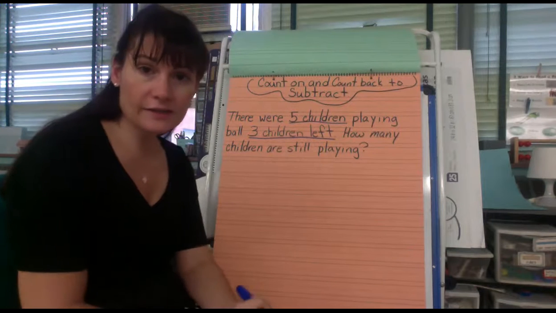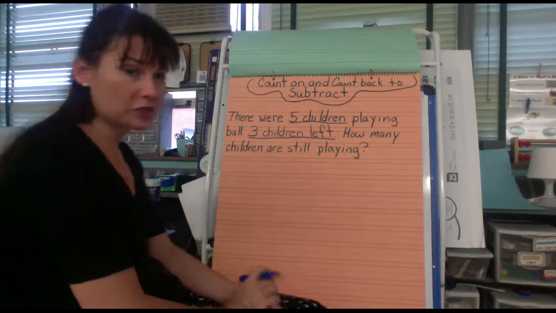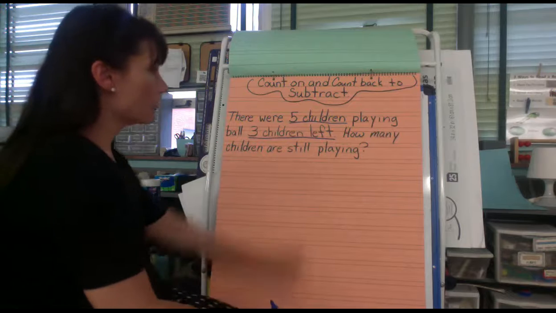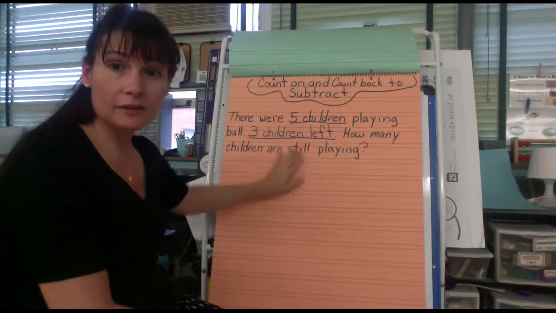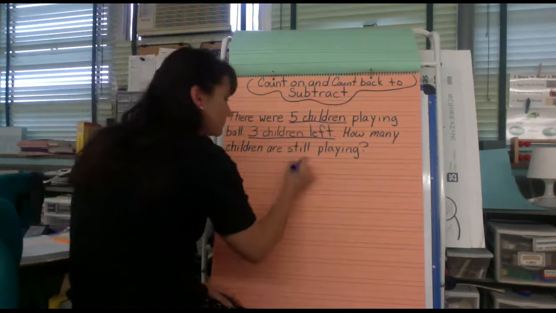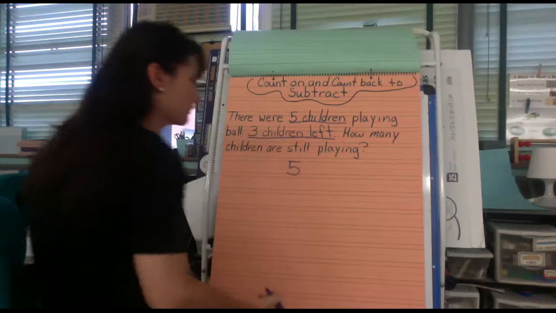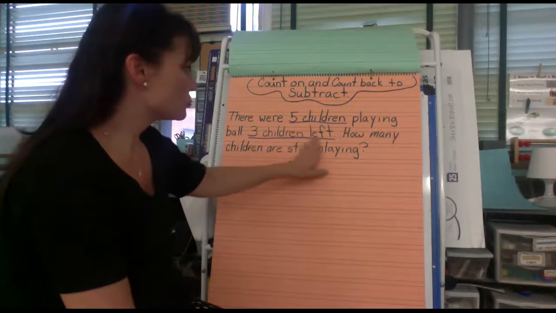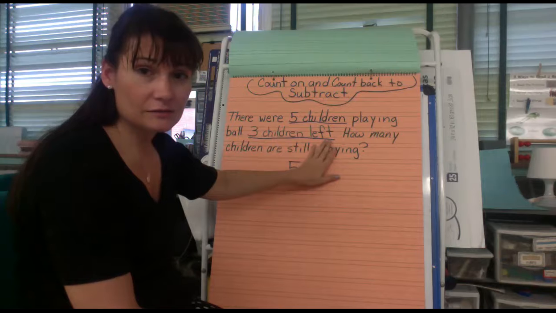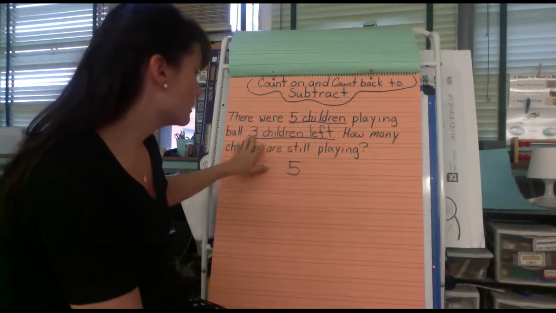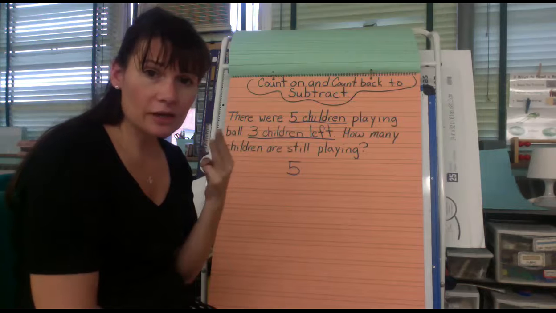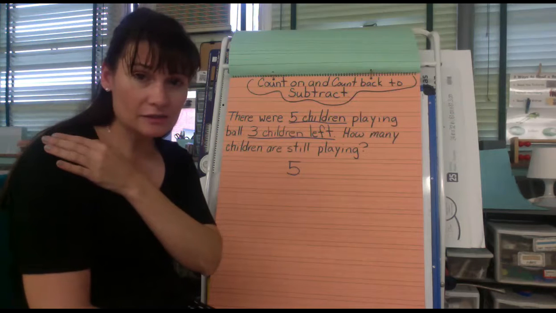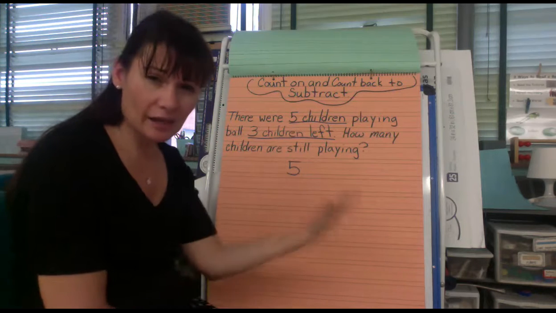Great thinking, guys. Let's go ahead and think about our equation. I know that there were how many children to start with? There were 5. How many children left? There were 3. Now, if there were 5 children and 3 left, does that mean I'm adding more children?